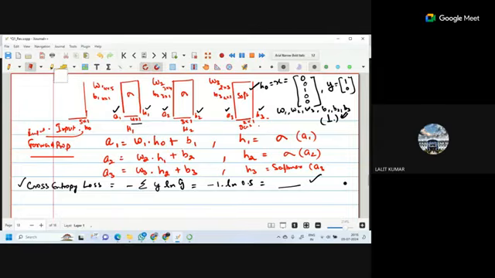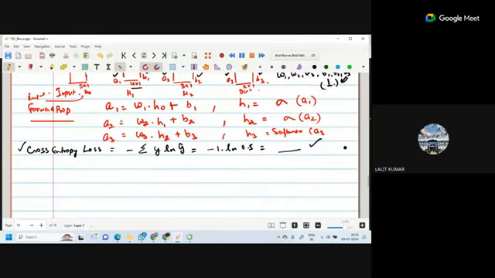For example, I have a classification problem where I have to identify 0, 1, 2, 3, 4, 5, 6, 7, 8, 9. What will my output look like? I will have 10 values and at one place I will have 1.